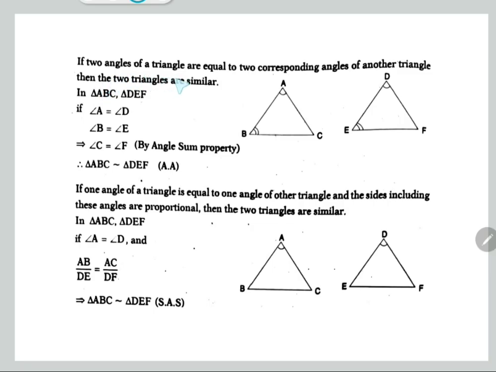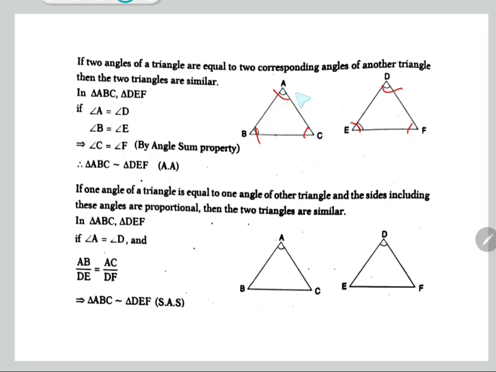If two angles of a triangle are equal to two corresponding angles of another triangle, then the two triangles are similar. Angle A equal to angle D, angle B equal to angle E. The two angles are equal and automatically we can write the third angle is also equal, angle C equal to angle F. This is by the angle sum property.